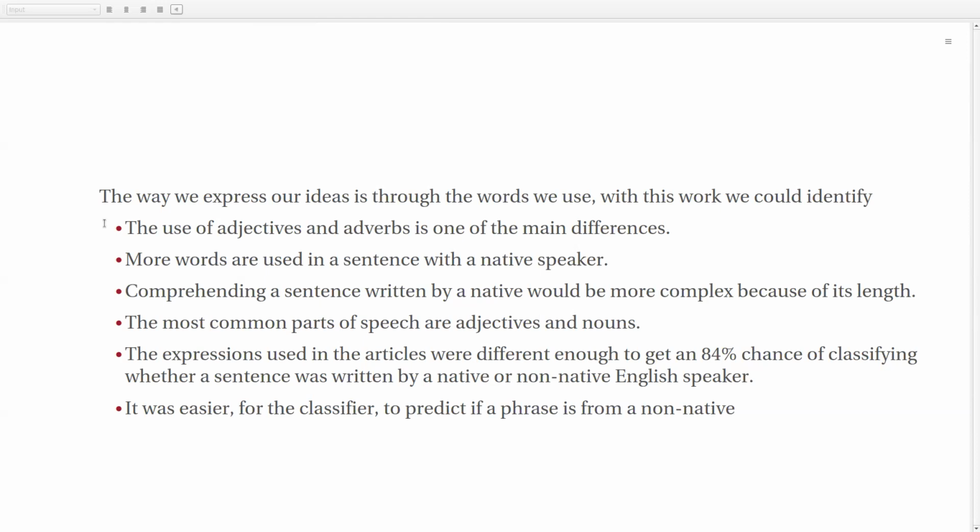The most common parts of speech are adjectives and nouns. The expressions used in the articles were different enough to get an 85% chance of classifying whether a sentence was written by a native or a non-native English speaker, and it was easier for the classifier to predict if a phrase is from a non-native speaker. So that's all. Thank you.